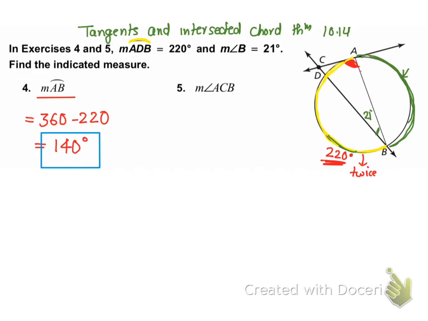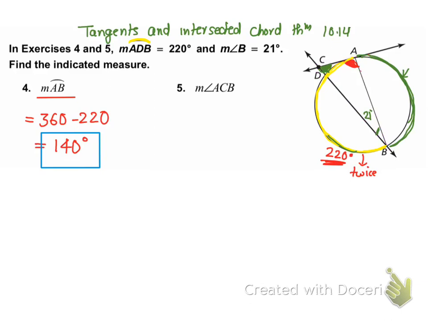All right, so let's move to the next question, angle ACB. We have to find the measurement of angle ACB, and that is here. When I look at it, it looks like a triangle. Let me draw a proper line here.